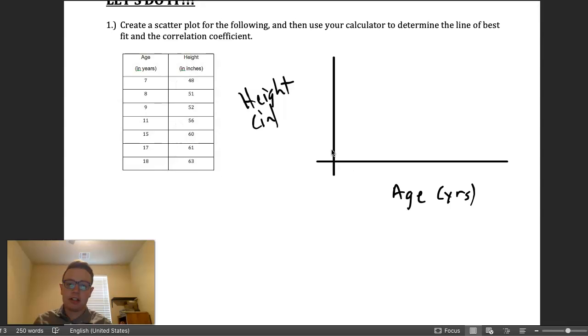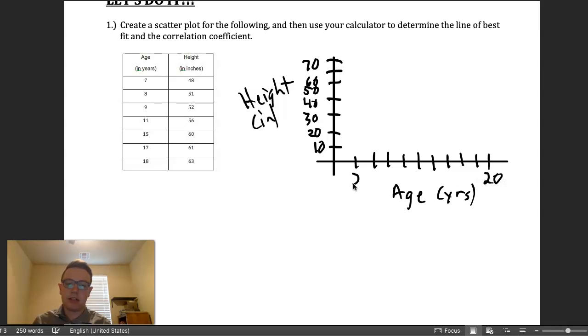This goes all the way up to 63, so let's go up by tens: 10, 20, 30. And our age goes up to 18, so let's go up by twos: 2, 4, 6, 8, 10, 12, and so on.